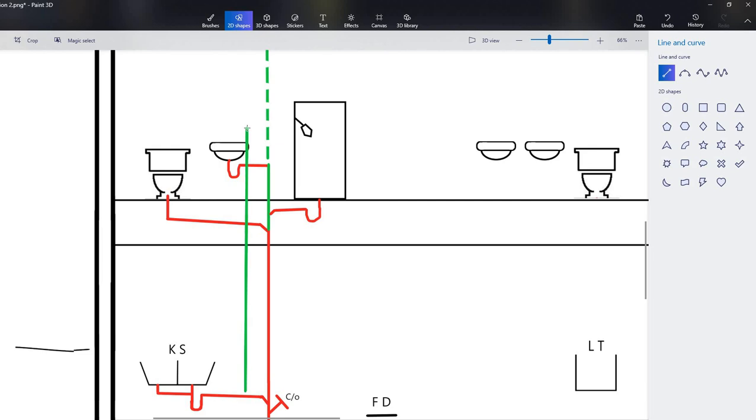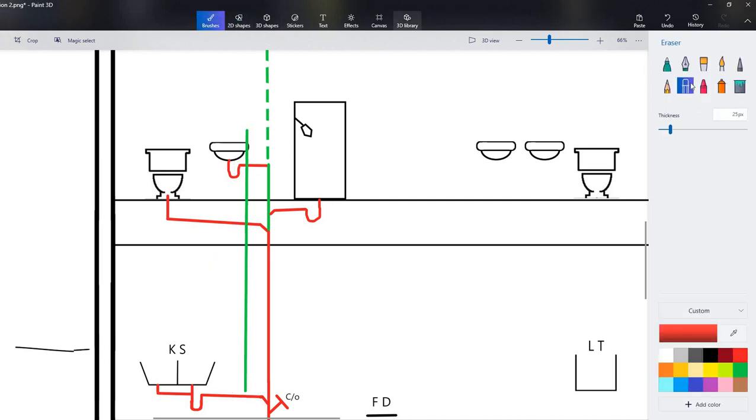Because if it's below the flood level rim, if we put it here, that allows for bypassing, because our connected vents need to be above the flood level rim of the highest fixture, which happens to be the lav at this point. So let's bring our vent up across like so, and there we go.